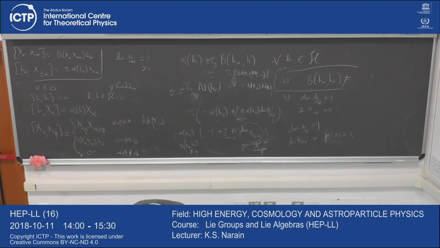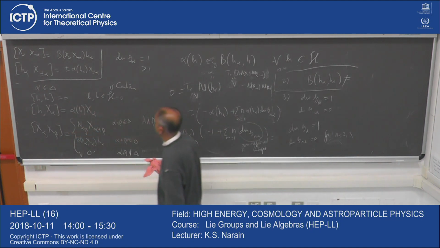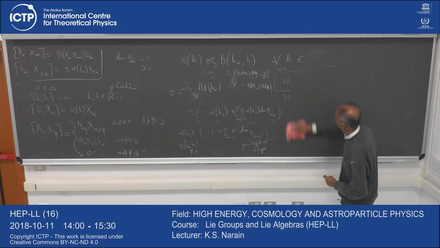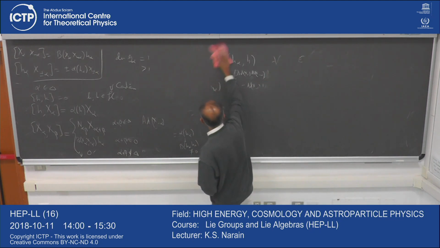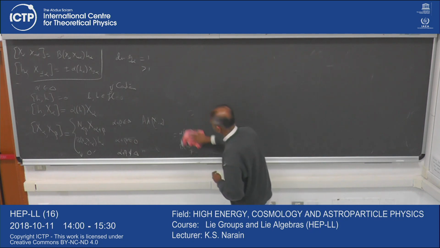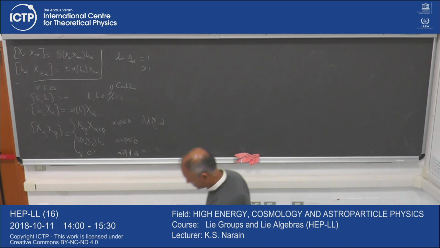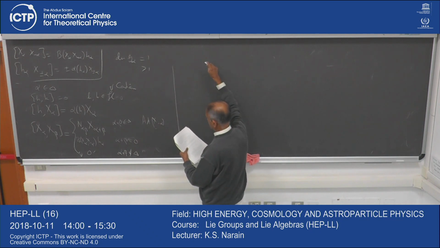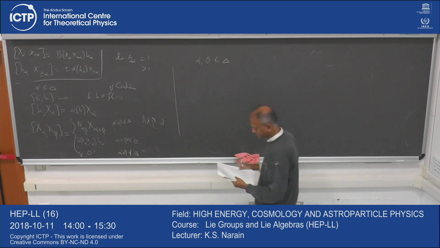Now we can actually learn a bit more, and that is the next step. So the statement is that, let's suppose alpha and beta are two roots which belong to Delta.